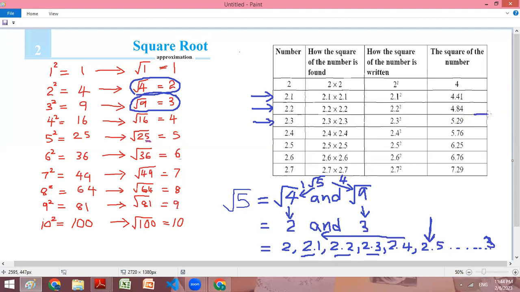Therefore, the square root of 5 is in between these. We can see the difference between 5 and 4.84 is 0.16.